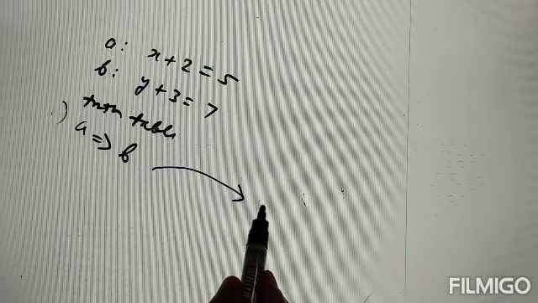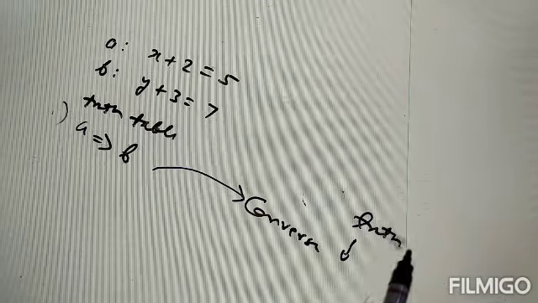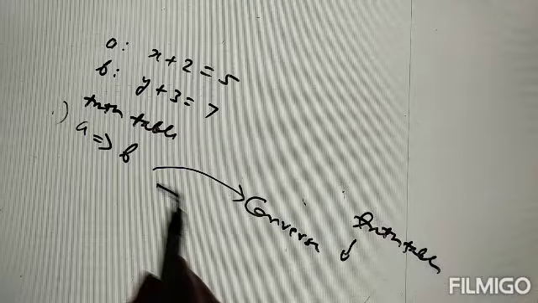Second, write its converse form and also write its truth table. Then write its inverse form and also write its truth table. Then third, write its contrapositive form and also make its truth table. This is like a homework question. You can do this question.